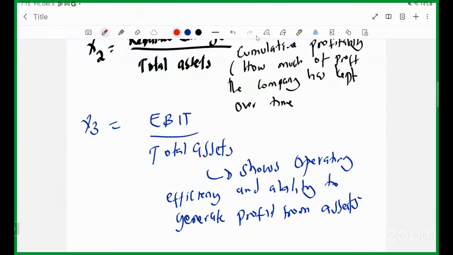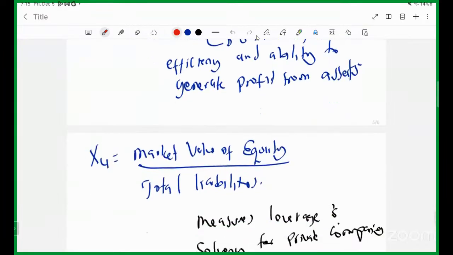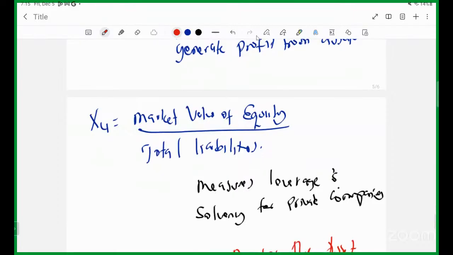Yes, X4. Why is it specific on private companies? To be honest with you, in most cases, public companies, because they are listed, everything over there is structured in a systematic way.